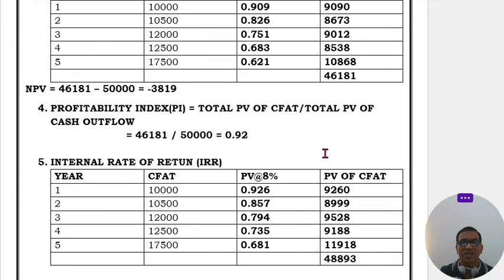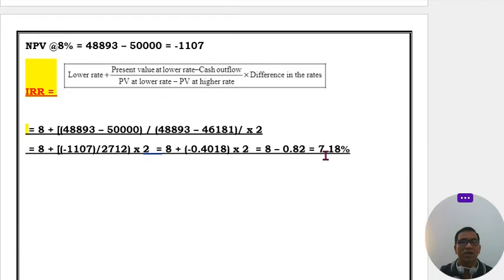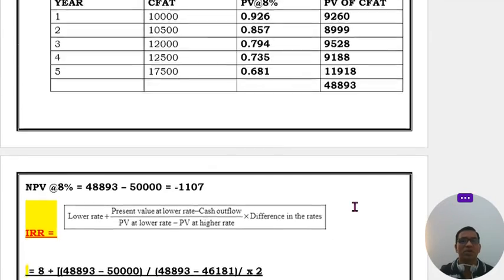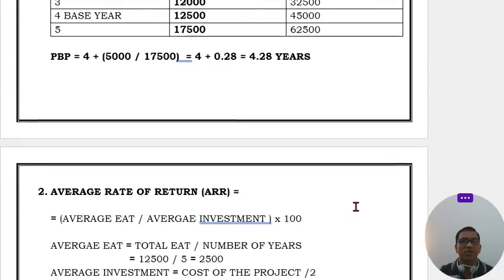Here PI is less than 1, so reject the project. Then IRR. Compare the IRR with the company's minimum required rate of return. If the IRR is more than the company's minimum required rate of return, accept the project, otherwise reject the project. But here we don't have any information about the rate of return.